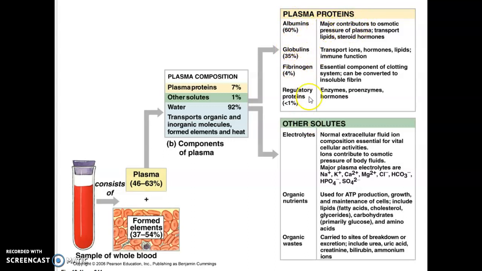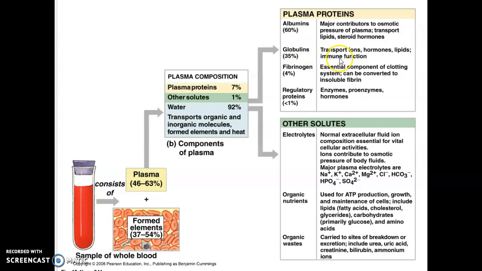Our next highest percentage of plasma proteins are our globulins. Just like albumin transports lipids and steroid hormones, globulins help transport ions, hormones, and lipids. So again, transporting stuff in the blood is extremely important. But the thing I want to emphasize more is something we call immunoglobulins, and you'll see them with designators like IgG, IgA, IgM, IgD, IgE.